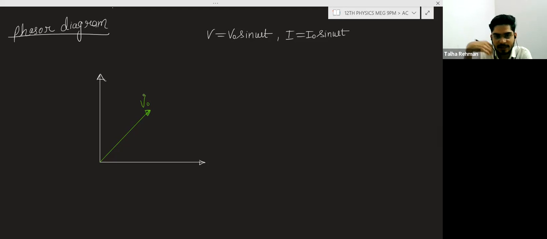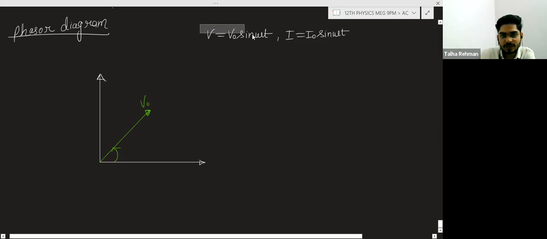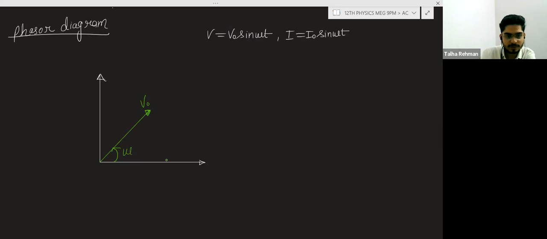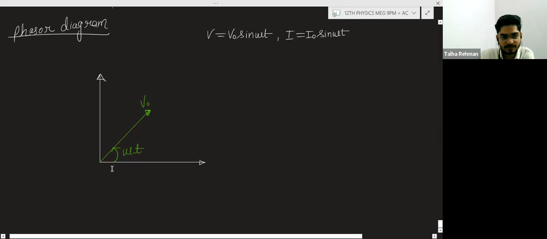This V is making an angle of omega t with this axis, and this is V naught.